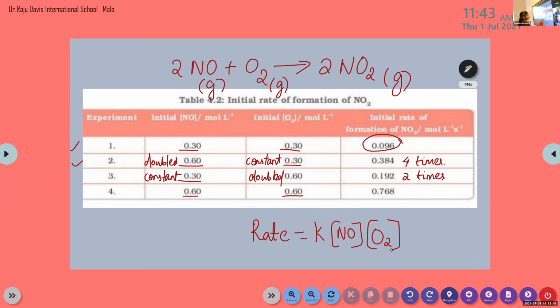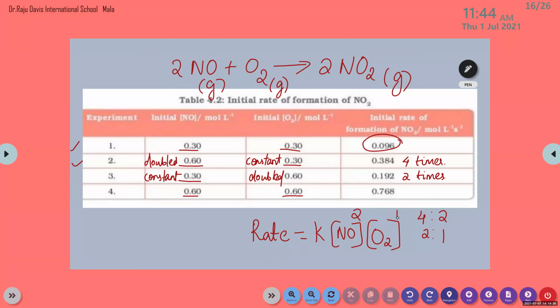In the case of NO, the rate is increased 4 times, and in the case of O2, it is 2 times. So it is 4:2 in the ratio, which we can simplify to 2:1. So here the powers are NO raised to 2 and O2 raised to 1.